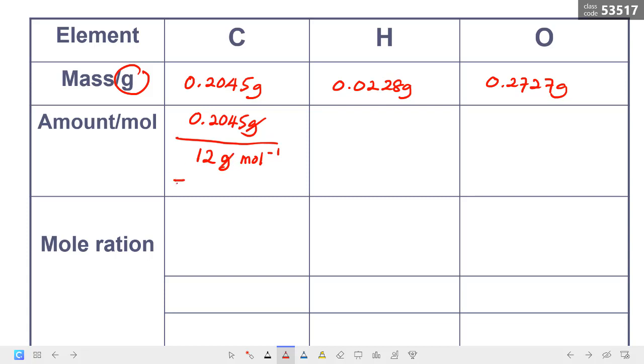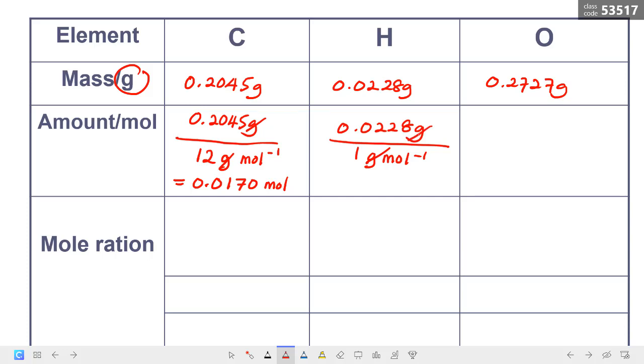Okay, so selesaikan, you will get the mole of carbon is, tekan calculator sama-sama, 0.0170 mole. Okay, for mole of hydrogen, 0.0228 gram divide by molar mass of hydrogen is 1 gram per mole.